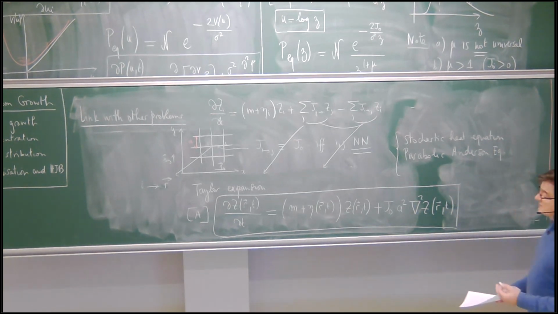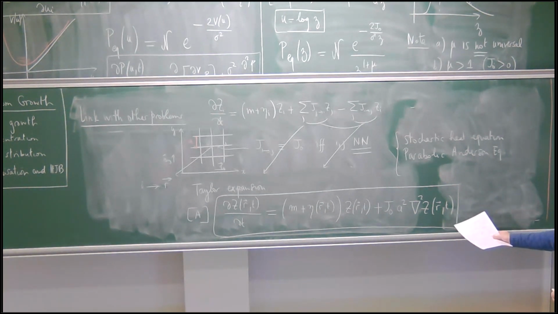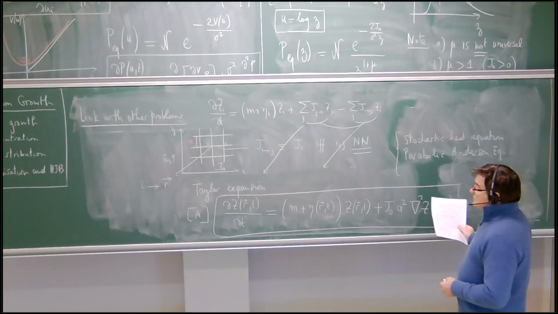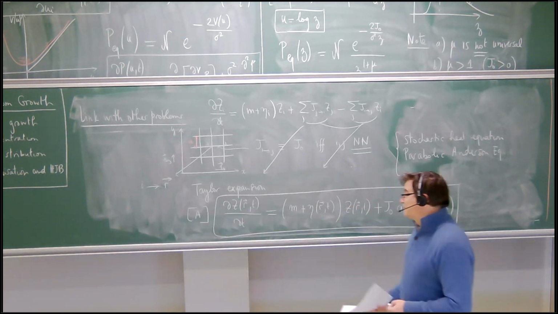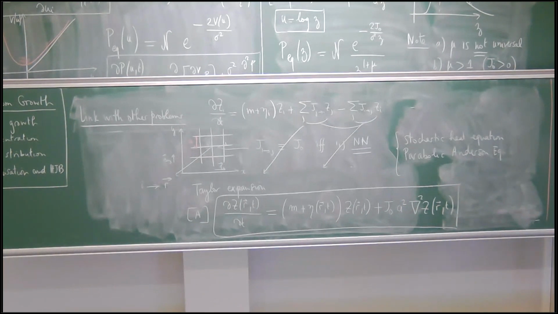So it's very related. If you want, this equation is the Schrödinger equation corresponding to Anderson's problem without an i. Of course, this changes a lot, but it explains the name parabolic Anderson equation.